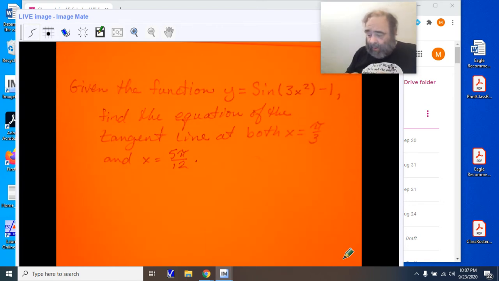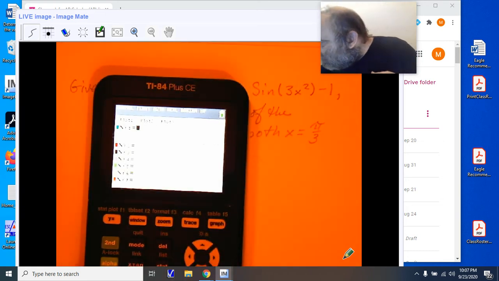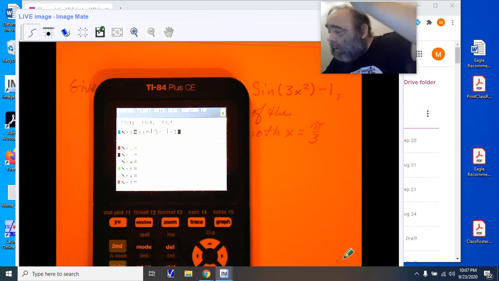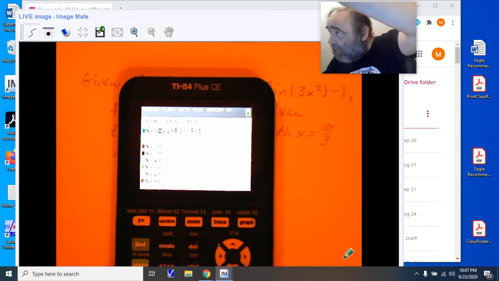So here we go. Go to your y equals. You're going to put in sine 3x squared minus 1. Sine 3x squared, close parenthesis, minus 1. Let me zoom in on this so you can see what I've got.